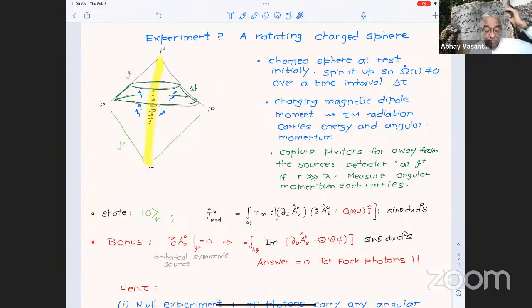Can we measure this experimentally? So again, I'm going to take a very simple example, in which I'm considering a rotating charged sphere. In this case the source is spherically symmetric.